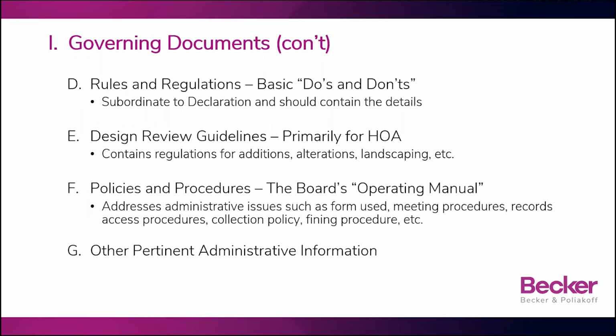A common area rule says, well, the pool opens at 9, we're changing that to 8. A unit use or home use rule says if you're going to have a guest come and you're not there, you have to register them with the manager 10 days before they get there.